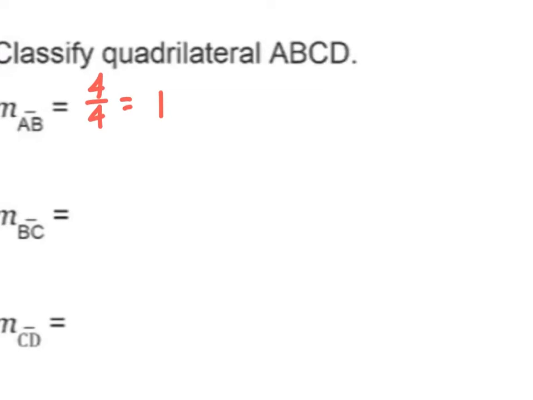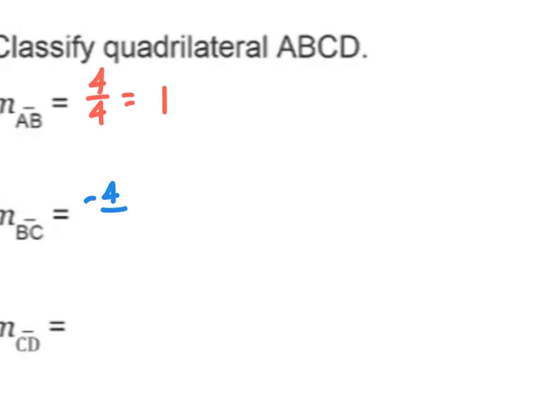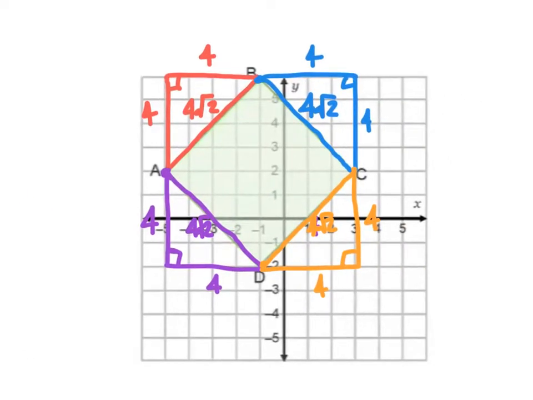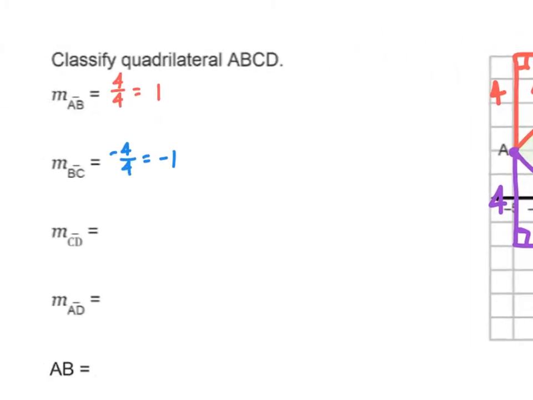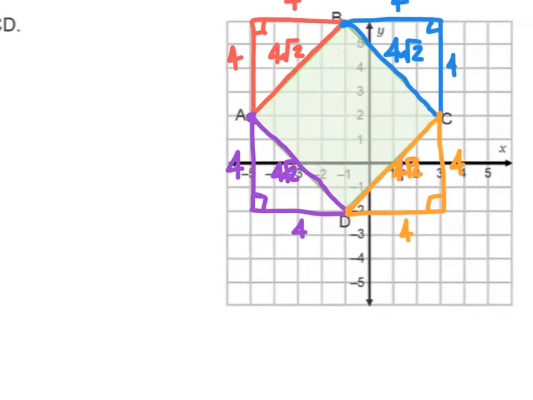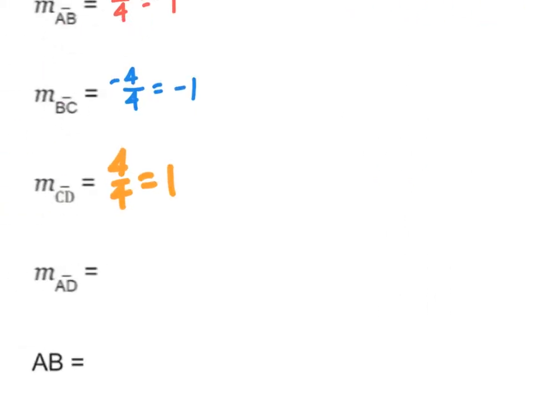I'm going to write that as negative 4 over 4, which is negative 1. For the next one, we're going in this direction, so it's positive. We go down 4 to the left 4, so that's 4 over 4, which is positive 1. And AD is 4 over 4, but it's negative, so negative 4 over 4, which is negative 1.